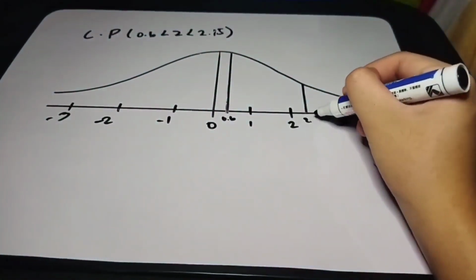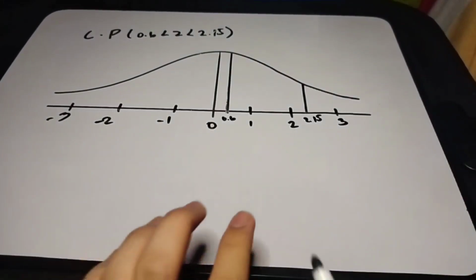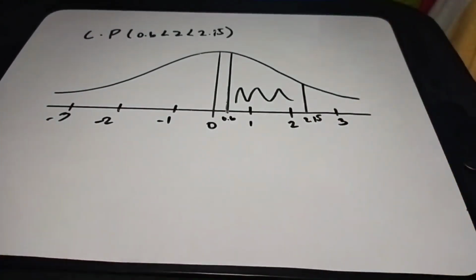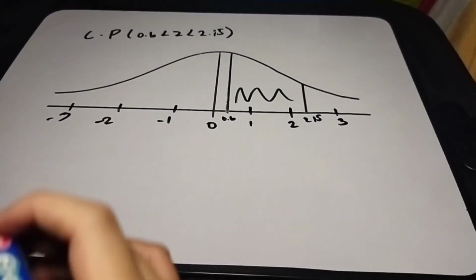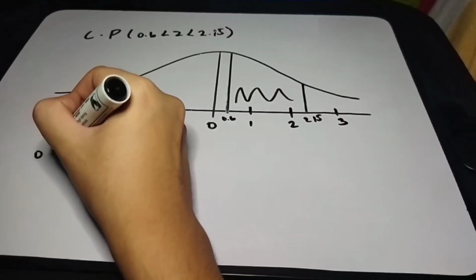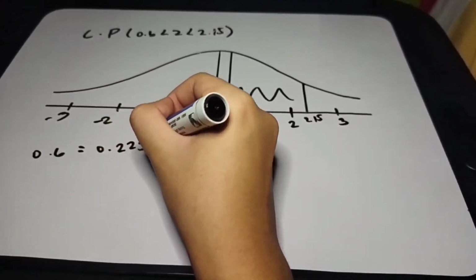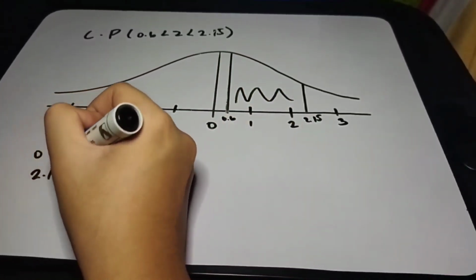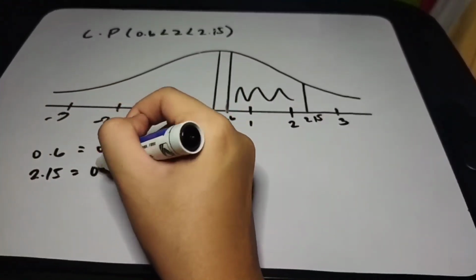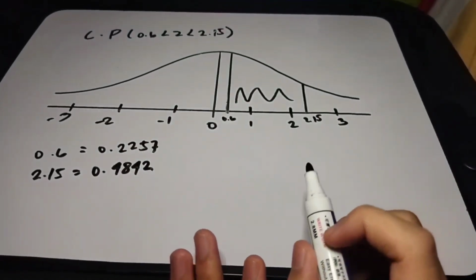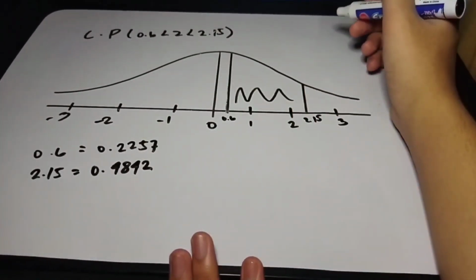So, that means this is the only area that we will be looking for. Let us now find the corresponding values of 0.6 and 2.15. For 0.6, the value is 0.2257. While for 2.15, it will intersect at 0.4842. So, the area we are looking for is on the right side only.